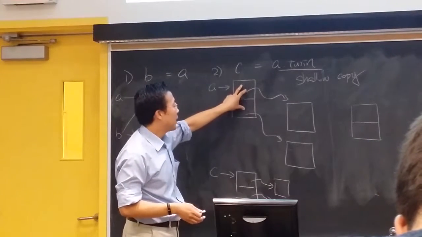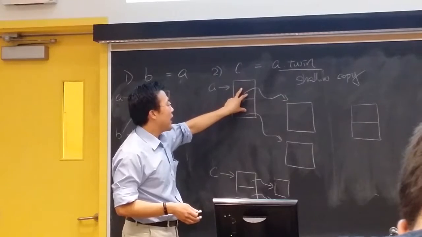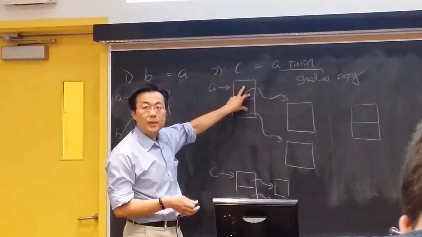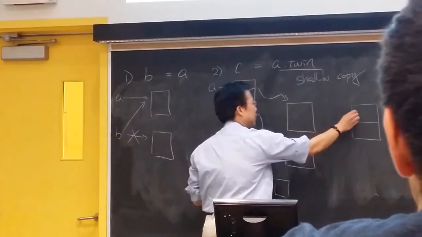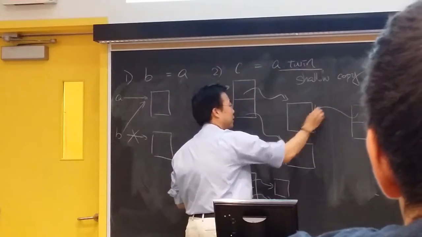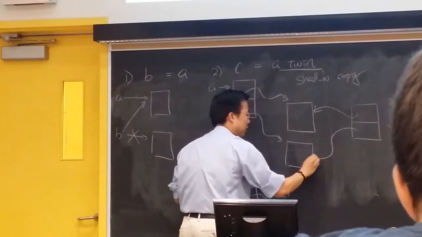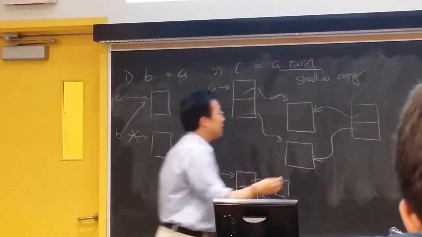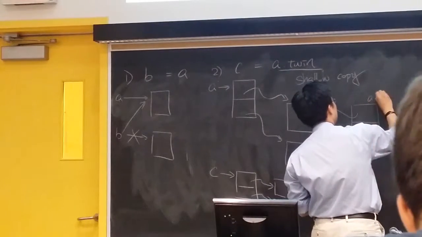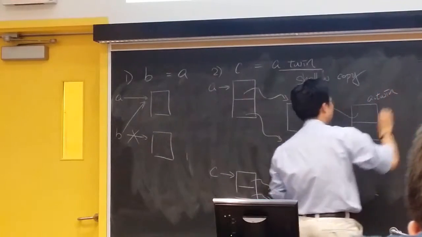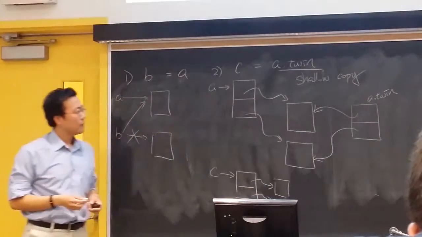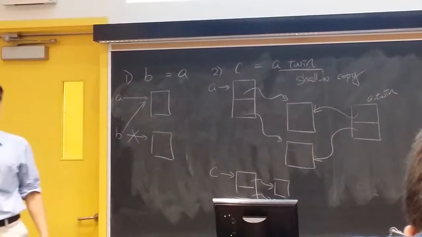However, whatever objects are referred to from the first level are going to be the same. So this is going to point to the same object here, and this to the same object here. So this guy here is A.twin. Any questions so far?